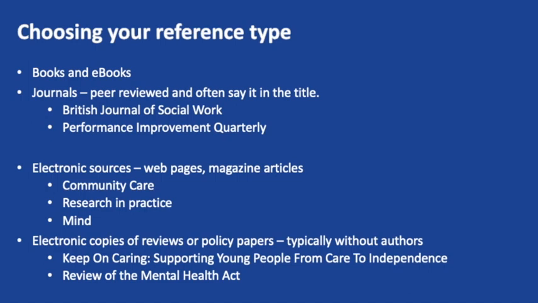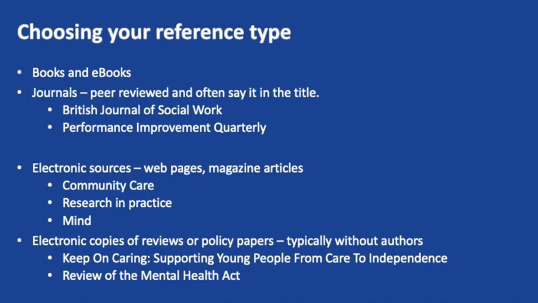Thirdly, you've got electronic sources. This is a wide range of options, whether it's web pages, magazine articles, blogs. They're not peer reviewed, but some of them, like Community Care, are written for a professional audience, albeit often not with a degree of academic rigour that you would anticipate a journal to have.